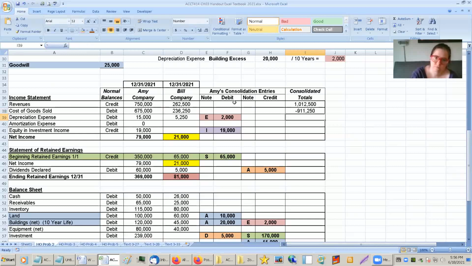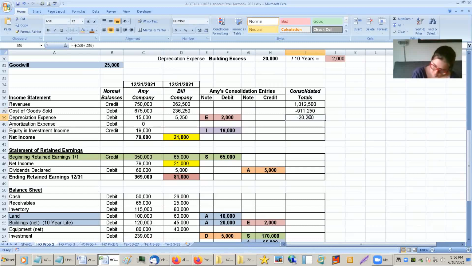Depreciation expense, same way. We never did have anything in amortization, so this is 0. For the investment income, it's 0 because we've included their revenues and their expenses, cost of goods sold and expenses up here.